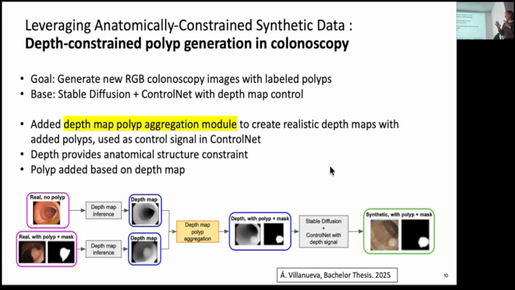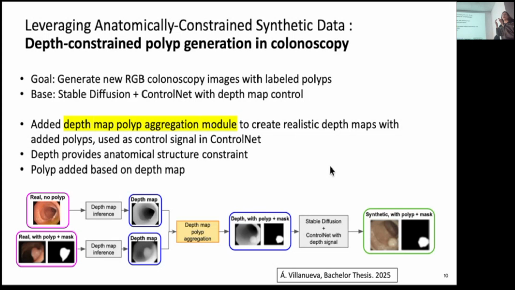We took the depth map and we used that as the supervision in the ControlNet model to control the structure in the diffusion. And we pasted the polyps inside the depth map with the polyp aggregation module that's here, doing different rescalings depending on the shape of the polyp, depending on the type of depth map that we saw, because depending from which angle you're going, we wanted to know where the deepest point was.